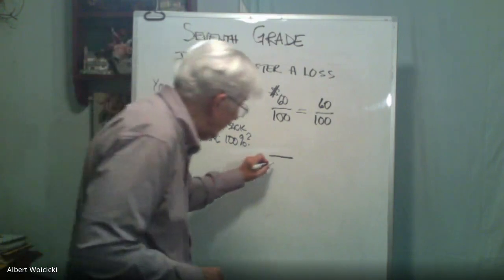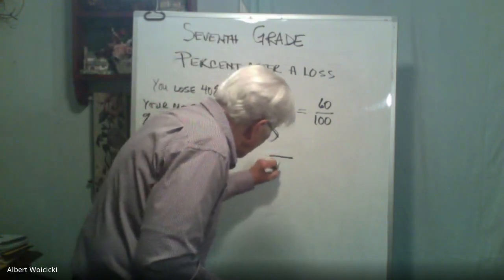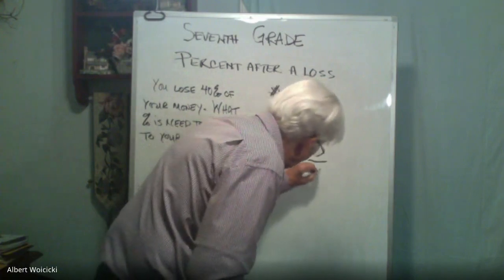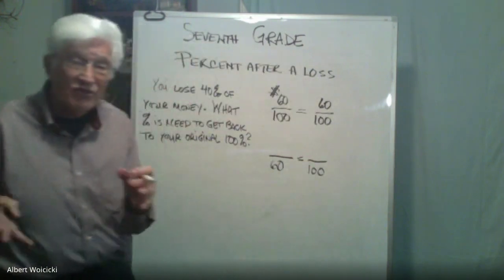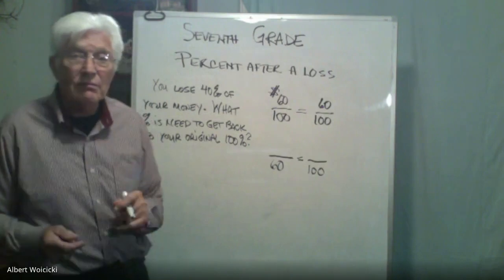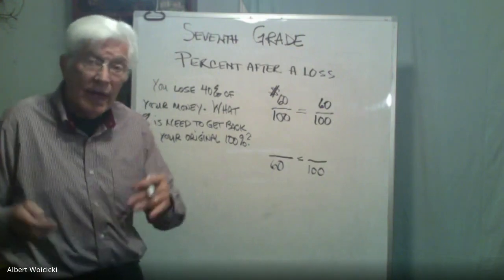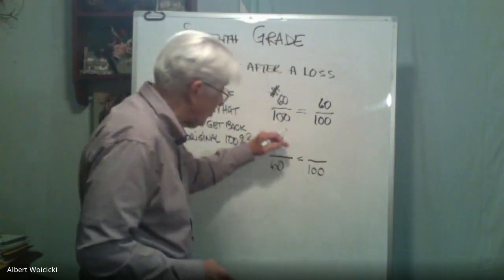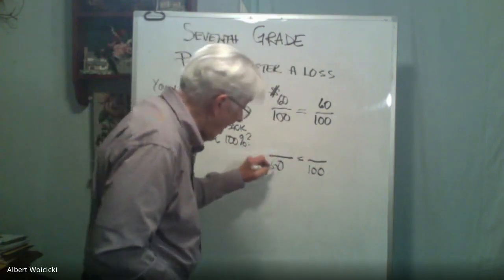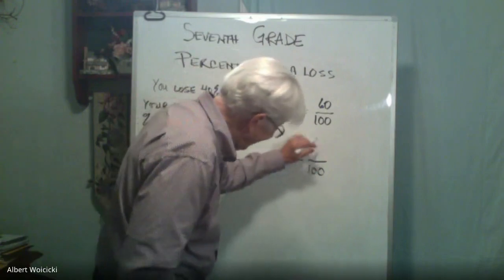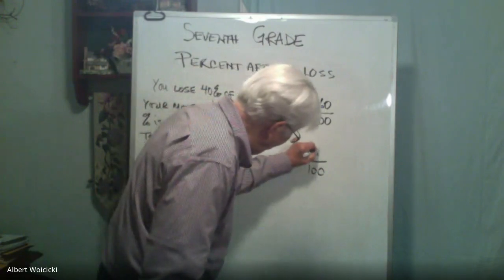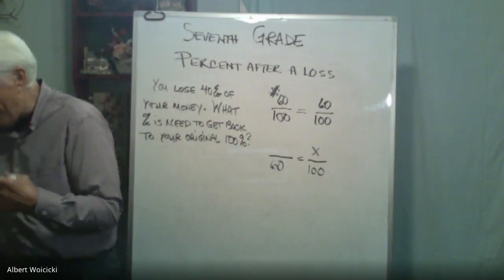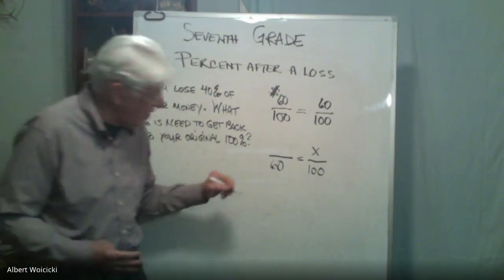Your 60 now represents the 100% that you have. And you're trying to get back up, but you don't know how much you have to get in percentage. This is your unknown.